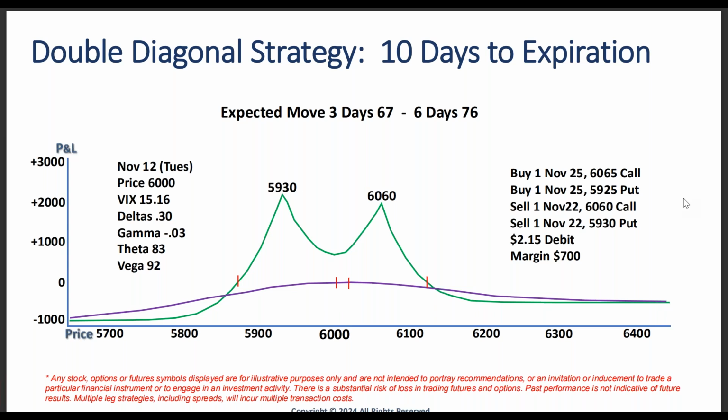So I'm doing it because I'm selling, this would be considered a high probability trade. I'm selling the call further away from the price on both sides, but then I'm buying some protection. The protection is I'm buying an out of the money call 5 points further out of the money, 60.65, and a put 5 points further out of the money, 59.30.